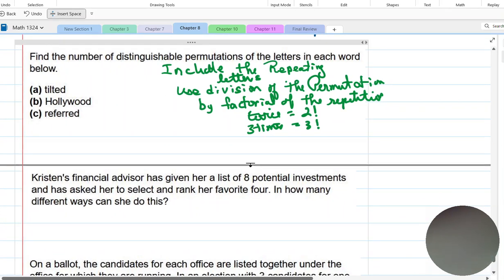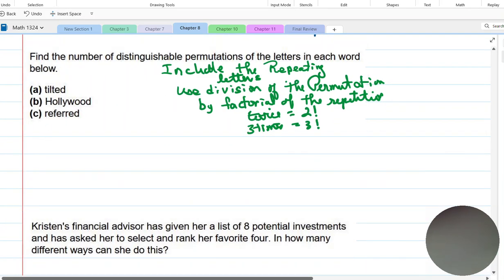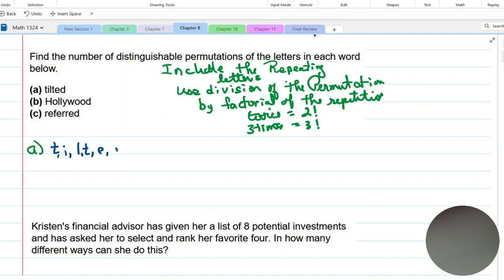All right. So we're going to do A first. And the letters are T, I, L, T, E, and D. All right. So in this one, we have the T repeated twice, and everything else is okay. All right.